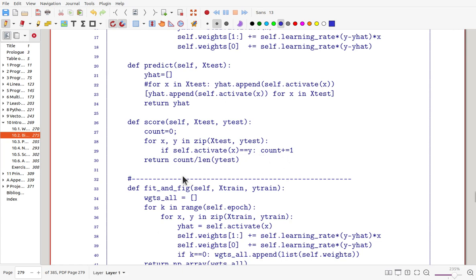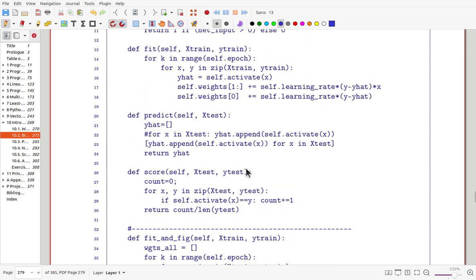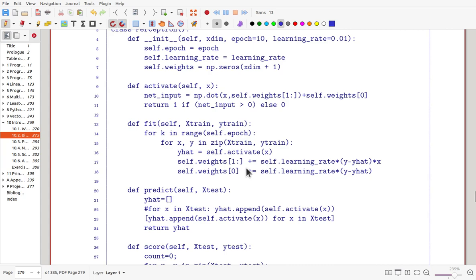After counting all of the correct answers and dividing by the number of points, we get the accuracy in percentage. Right? These are the major functions in most classifiers.